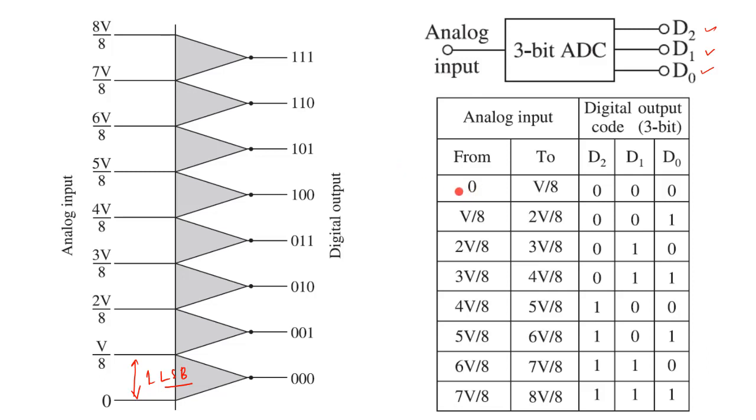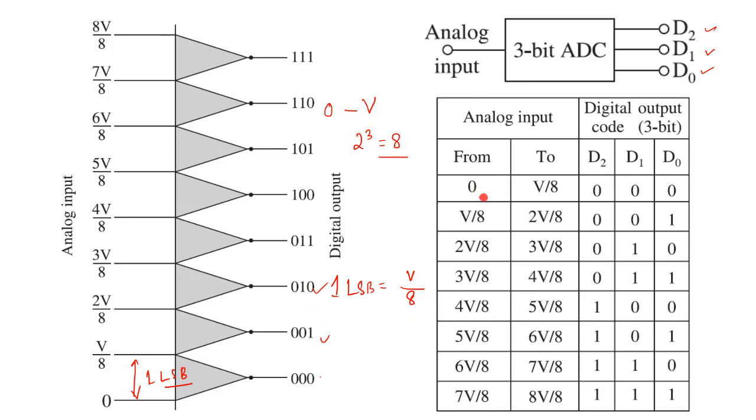So your LSB, if your voltage is V, varying from 0 to V, it is a ramp signal, then obviously your number of digital outputs is 2 to the power 3 for this, that is 8, right. So 8 digital outputs we have, then obviously your 1 LSB will be V by 8, right, that is obvious. So therefore for each bit we will increase one number in the digital output.